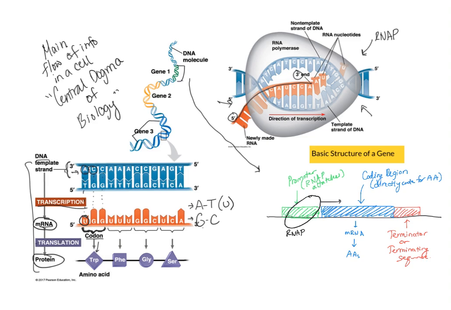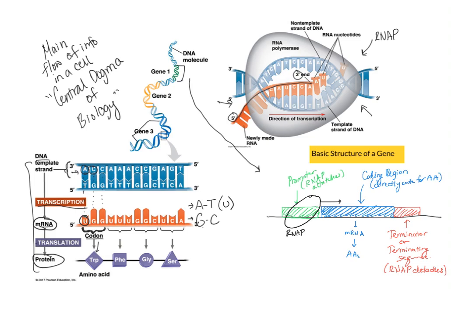The mechanism is slightly different, but the major function that at least we need to be familiar with is that this is where RNA polymerase detaches, right, once transcription has completed.